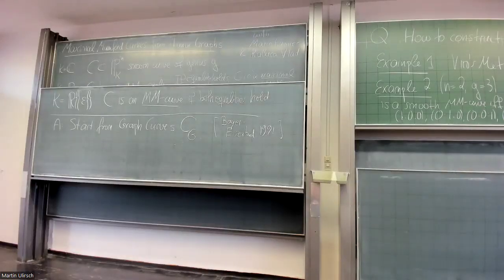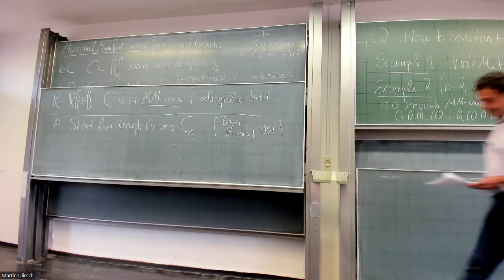Alheydis mentioned them briefly yesterday. And so those I would like to take as the point of departure. So a graph curve is defined. To describe a graph curve, you start with a simple, undirected, trivalent, connected graph.